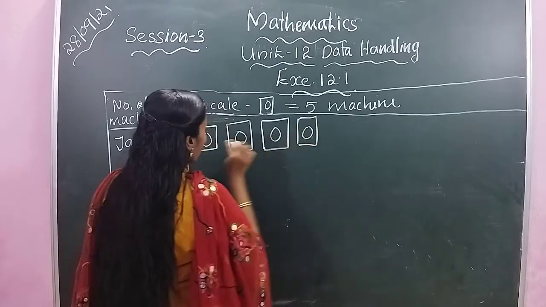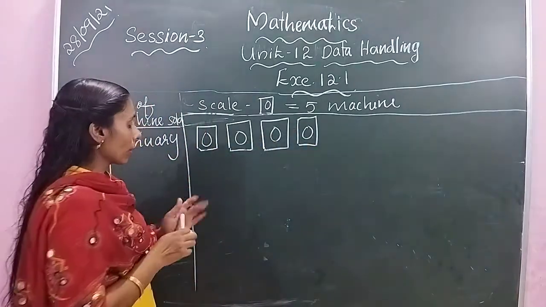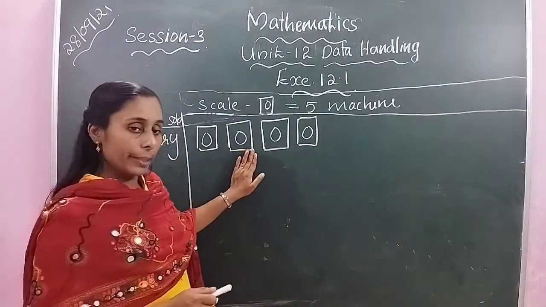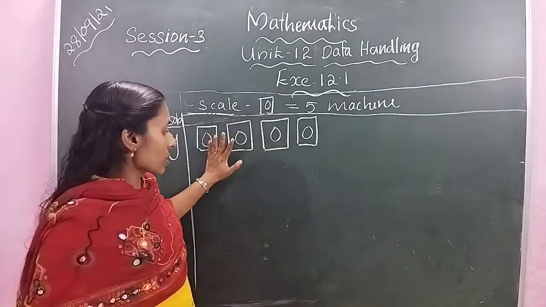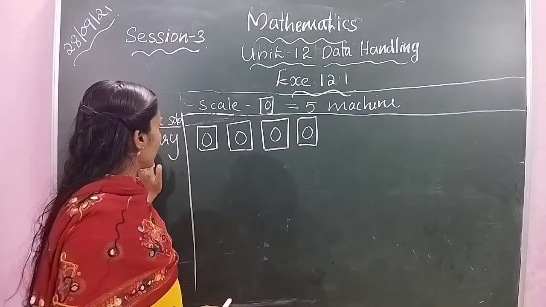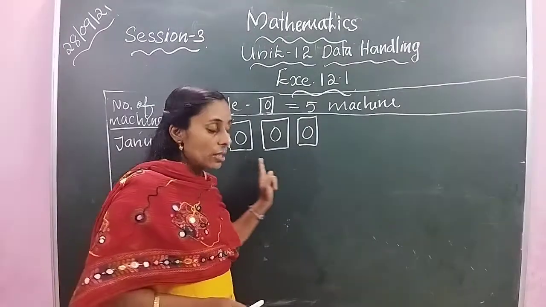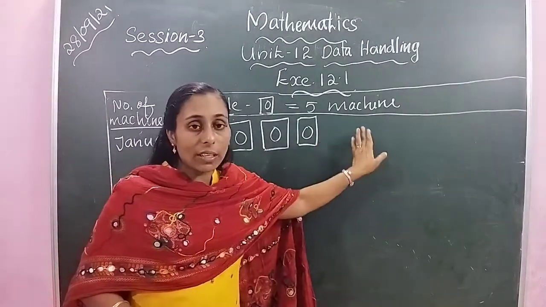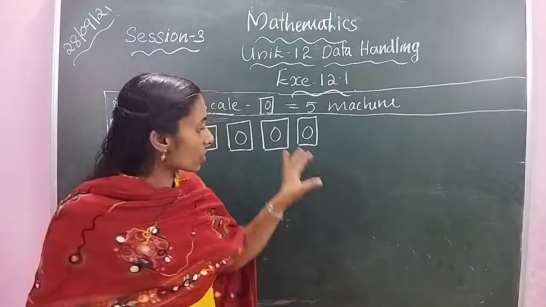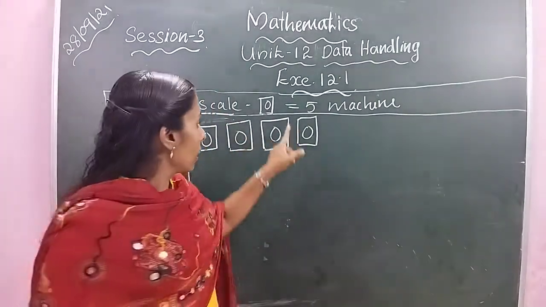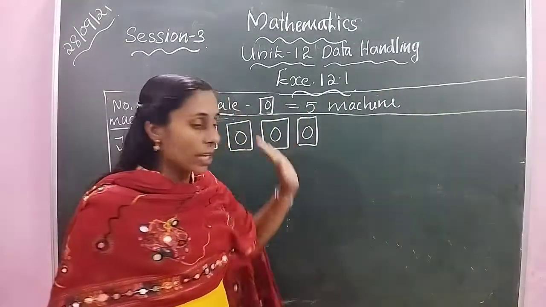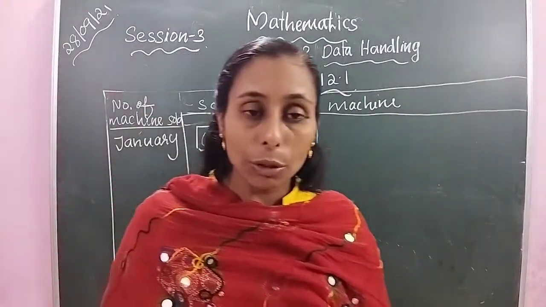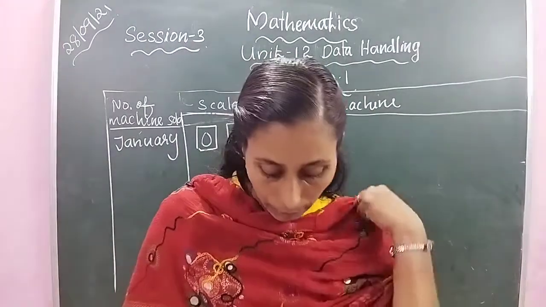Now here we have 4 symbols. 5 fours are 20. While we look at this scale and symbol, we will come to know that in January 20 machines were sold. We need not write the number 20 here. We should just draw the symbol. We use numbers only in the scale, and nowhere else.